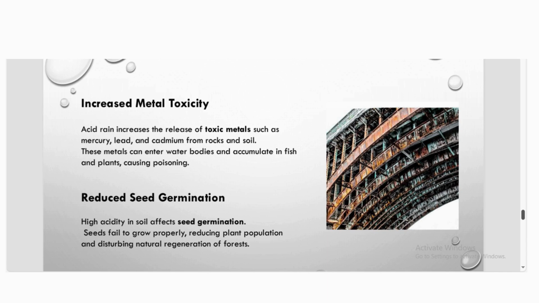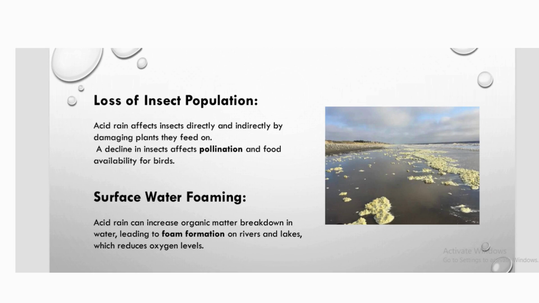Seeds fail to grow properly, reducing plant production and disturbing the natural regeneration of the forest. There is the loss of insect populations. Acid rain affects insects directly and indirectly by damaging the plants they feed on. A decline in insects affects pollination and food availability for birds.